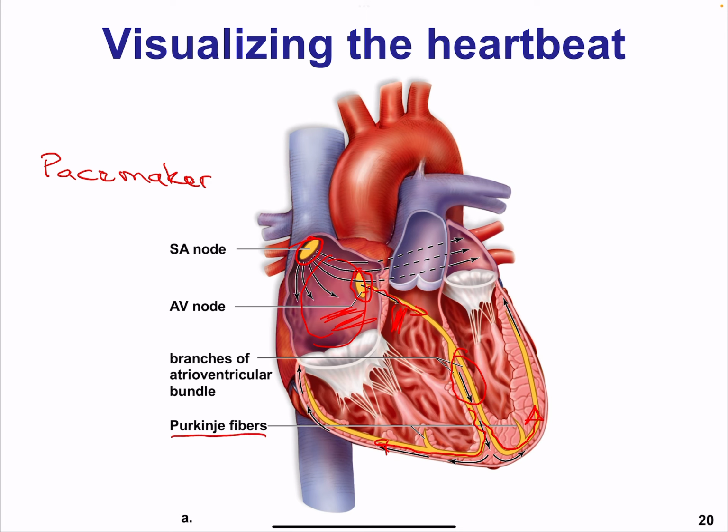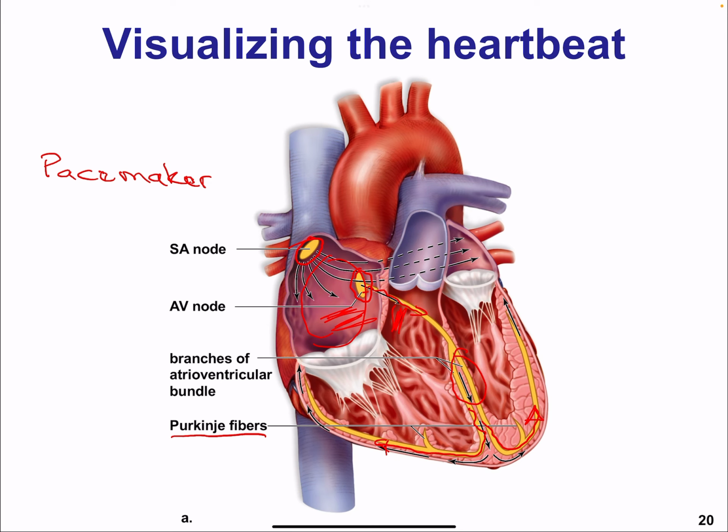These Purkinje fibers are literally like highways where the electric impulse travels to be spread throughout the myocardium, causing the heart to respond as a unit. So this is true in terms of response as a unit.